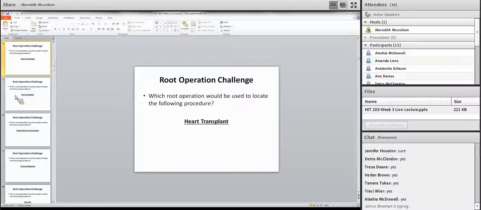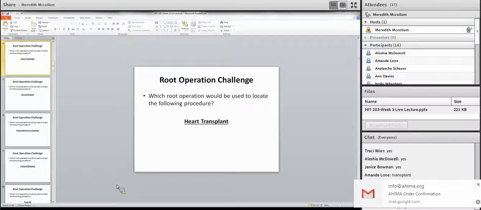All right, so our first root operation challenge is heart transplant. What do you think the root operation is? Very good. This one is one of the easier ones, but good job. And again, if you haven't watched live lecture before and you think I'm going fast, I apologize.